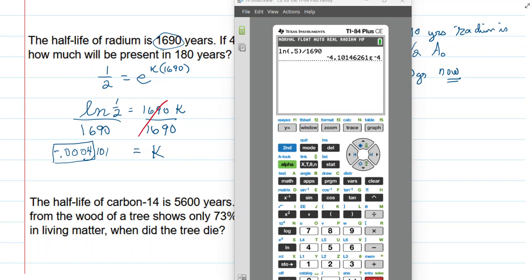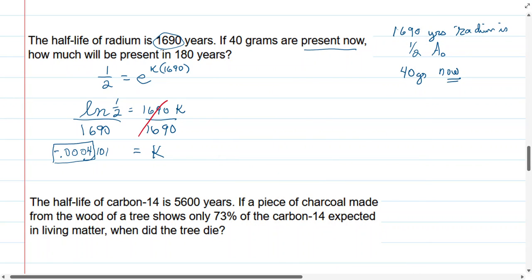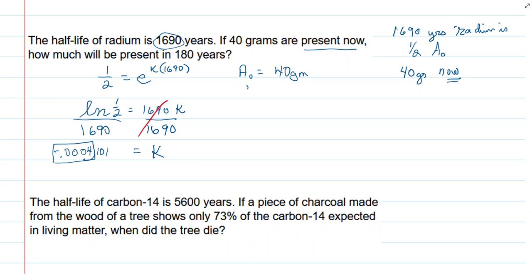All right. So how much will be present if it's right now at this amount? Okay. So now we have our A of 0 is equal to 40 grams. Our T is 180 years. Our K, decay, is a negative 0.0004.